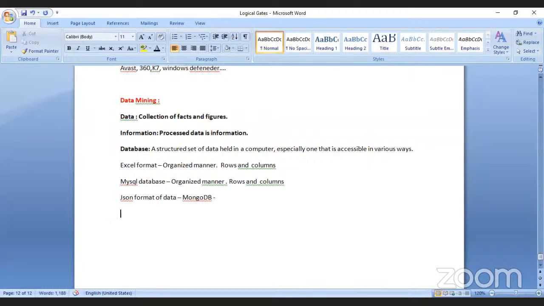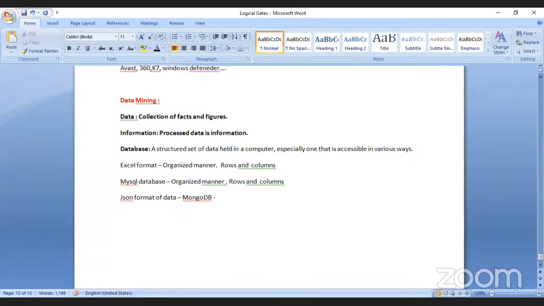For example, the computer's first class will be held 4 to 5 on Saturday and Sunday. Instead of writing this sentence, if I make a table format and represent the classes, that is beneficial for understanding. That is one way of organizing the data.